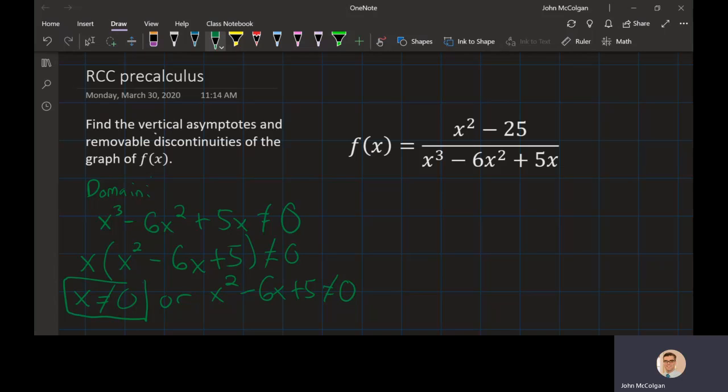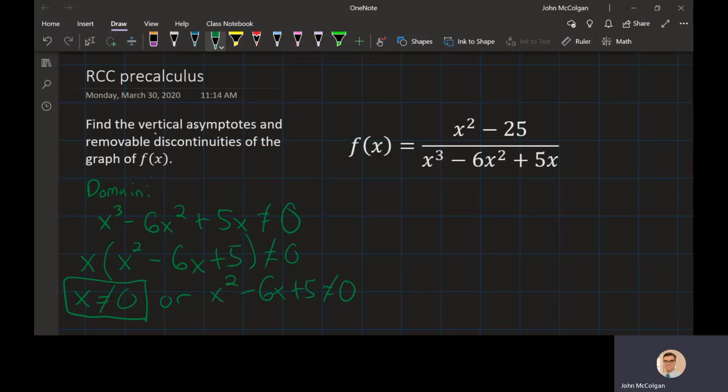This is good because we've already found one number that is not part of the domain, that being 0. For this polynomial here, we've got to find the 1, 2, or maybe even 0 real numbers that make this quadratic function 0.